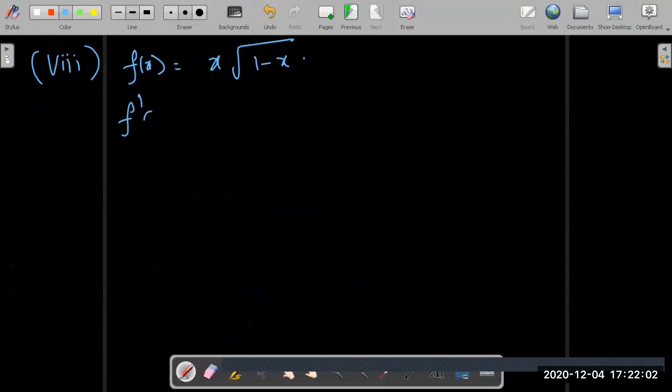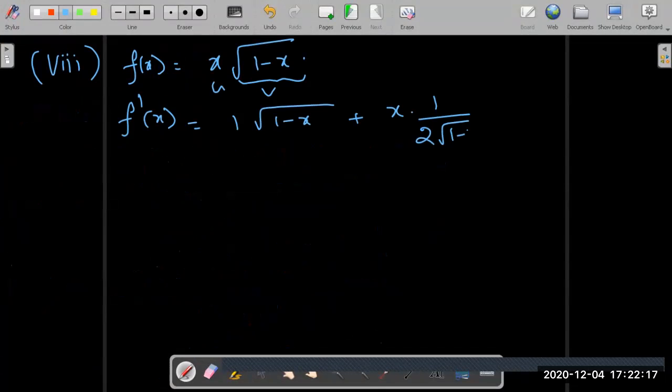So f dash x equals, this is u and this entire thing is v. u dash is 1 into v plus u v dash. So u is x, v dash is 1 by 2 root 1 minus x into minus 1. So we have square root of 1 minus x, and this becomes minus x by 2 root 1 minus x.